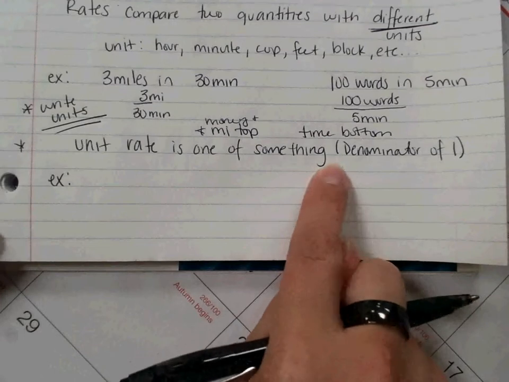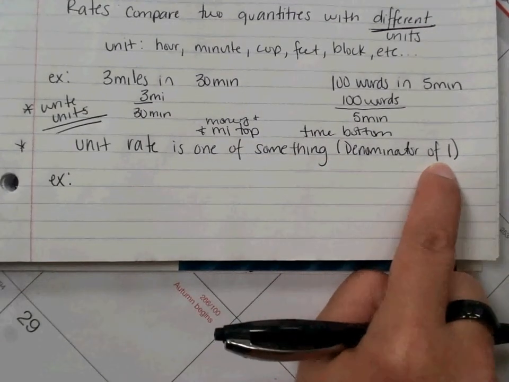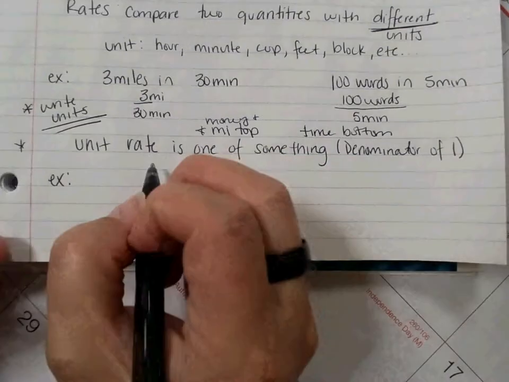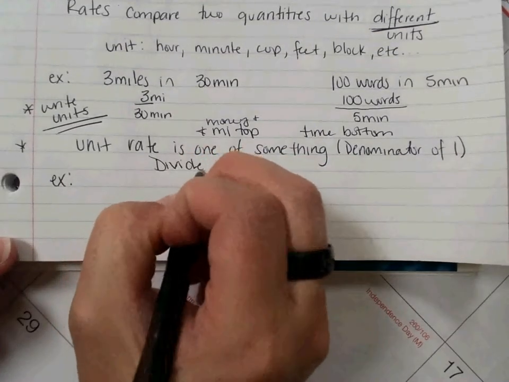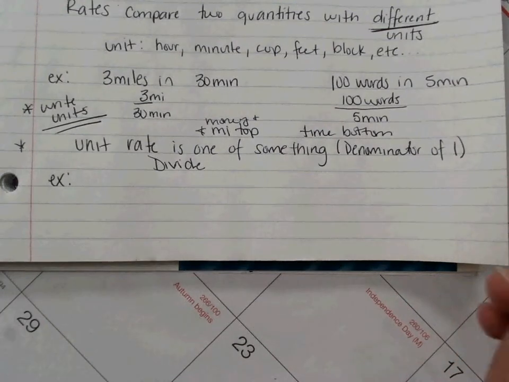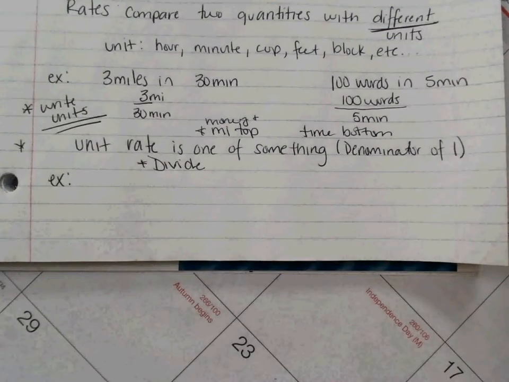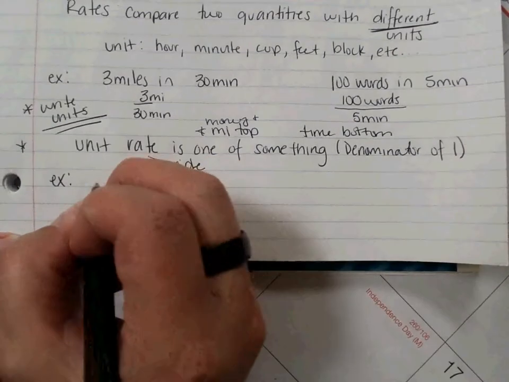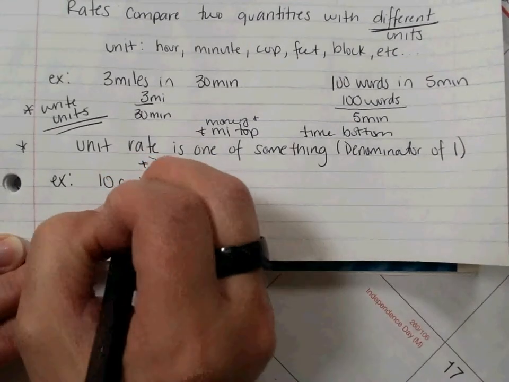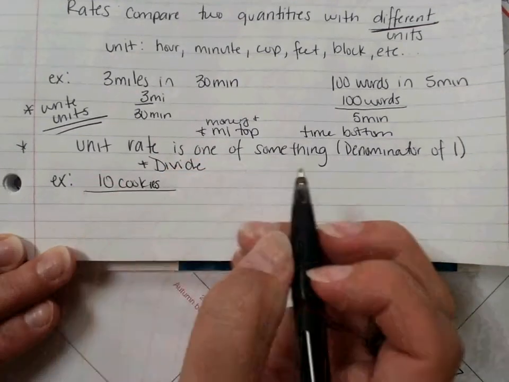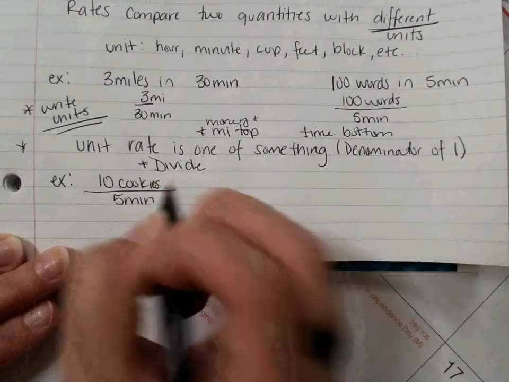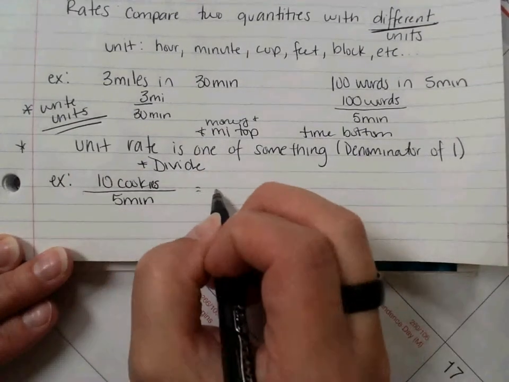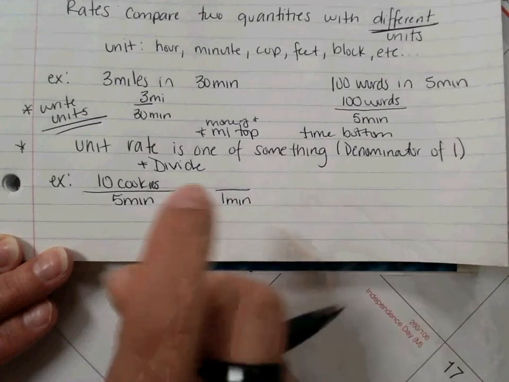Unit rate is when you only have one of something. Your denominator is 1. So whenever we're trying to find a unit rate, generally we divide. Because remember, that fraction bar means to divide. So we're going to divide things in order to try to simplify it. So if I said that I ate 10 cookies in 5 minutes, and I want the unit rate, I want to know how much I'm going to eat in 1 minute.